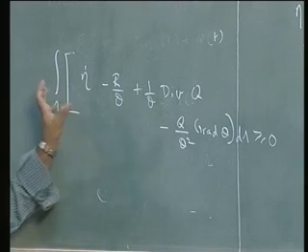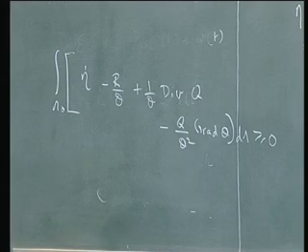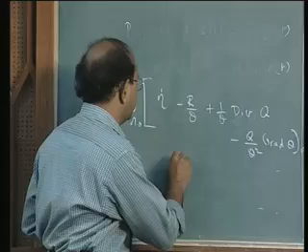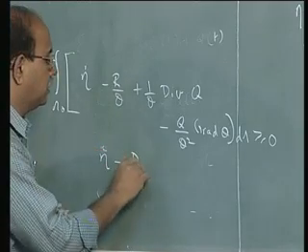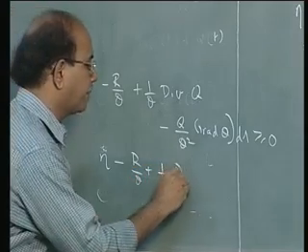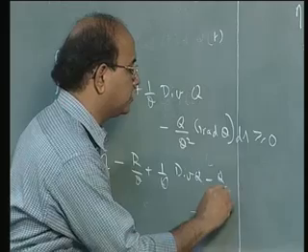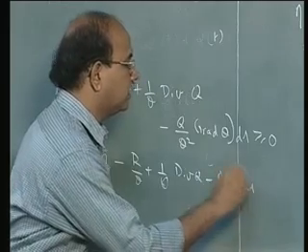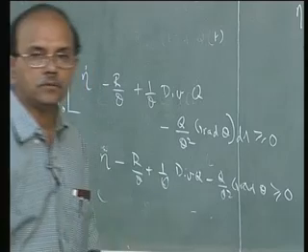And so what is inside should be greater than or equal to 0 at every point. So from here I can write eta dot minus r by theta plus 1 by theta divergence of q minus q by theta squared grad of theta should be greater than or equal to 0.